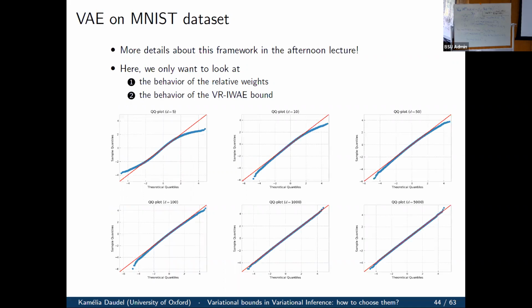So for the behavior of the relative weights, we're looking at one observation, but for readability, here's one observation. And we're going to be looking at the relative weights to check whether they are log normal in several dimensions: 5, 10, 50, 100, 1000, 5000.